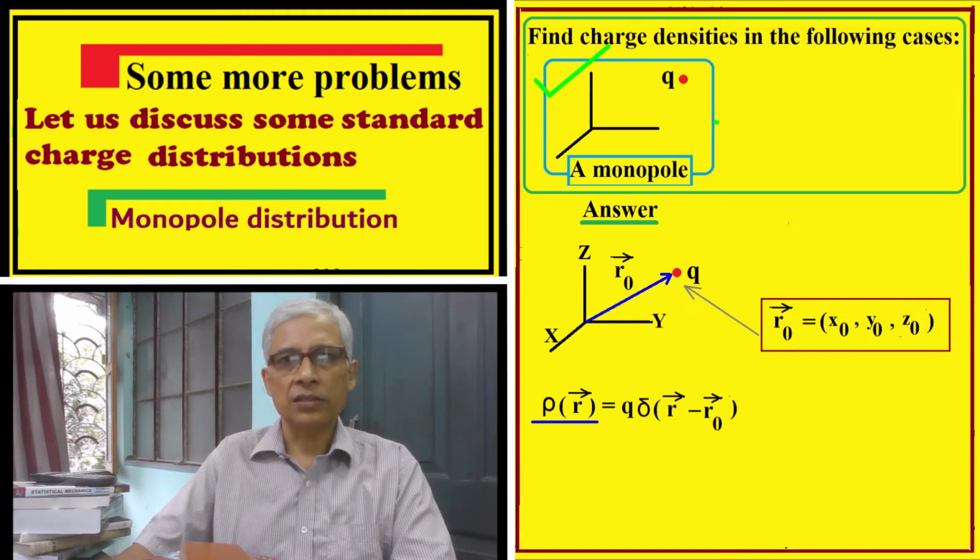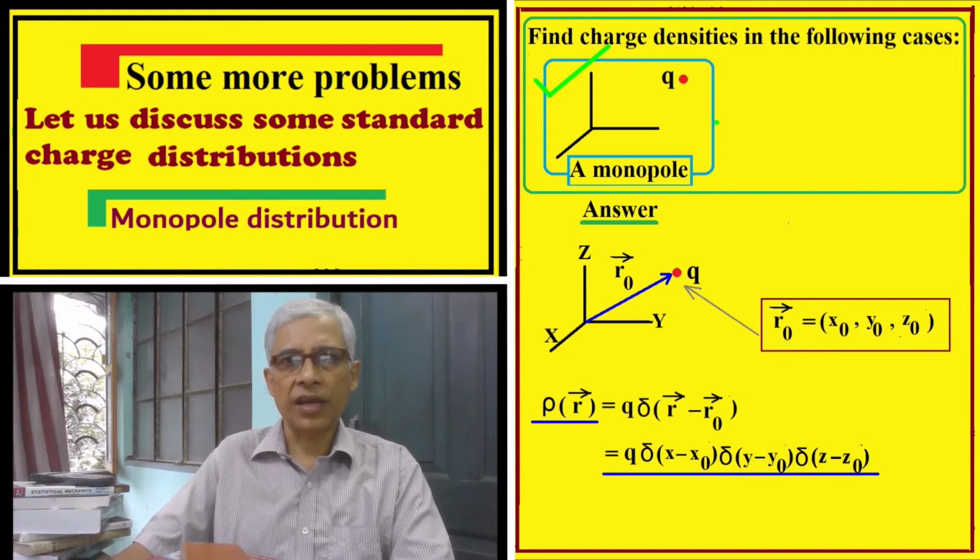The charge density is thus Q multiplied by Dirac delta vector r minus vector r0. We can also write it in component form as Q into Dirac delta of x minus x0 into Dirac delta of y minus y0 multiplied by Dirac delta of z minus z0.